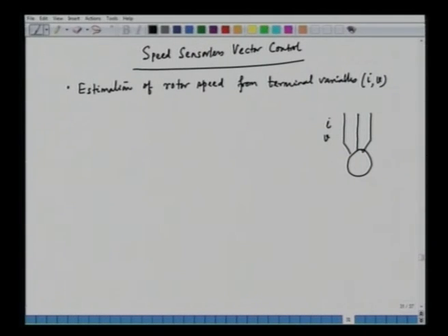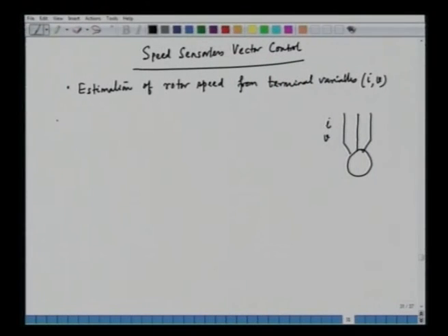Now to be able to do that, we have to have some equation. So we will derive some equation and show how we can go for speed estimation from voltages and currents. So the first one, we will take a stationary reference frame, and we can write down the equation of the voltages in the stator.